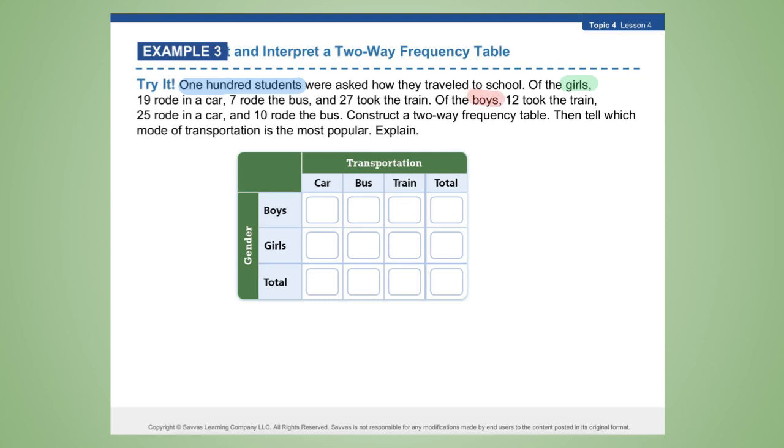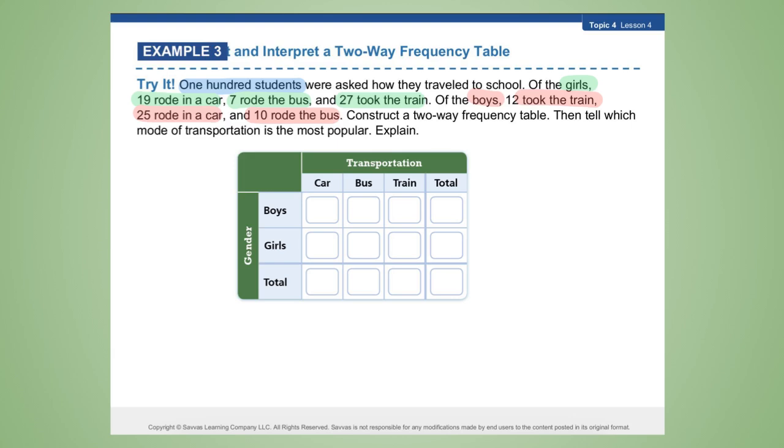For our girls, we have 19 rode in the car, 7 rode on the bus, and 27 took the train. For the boys, 12 took the train, 25 rode in the car, and 10 rode on the bus. And we're going to construct a two-way frequency table, and from that, tell which mode of transportation is most popular.